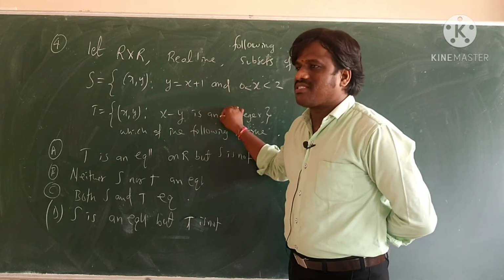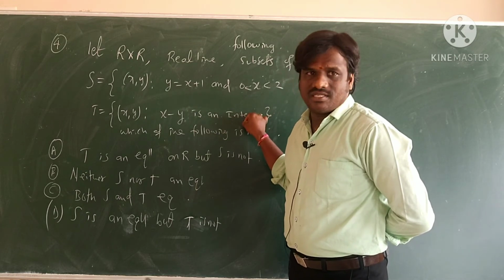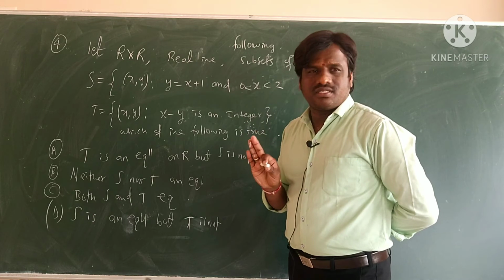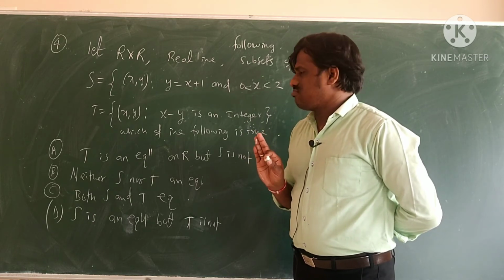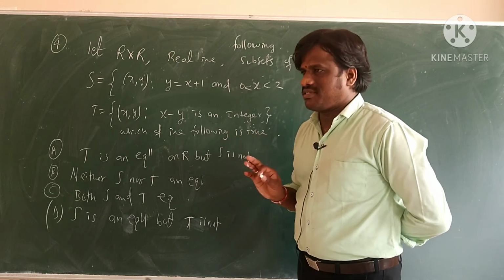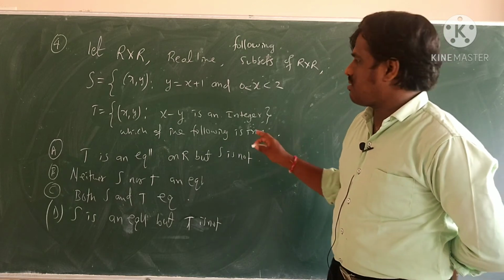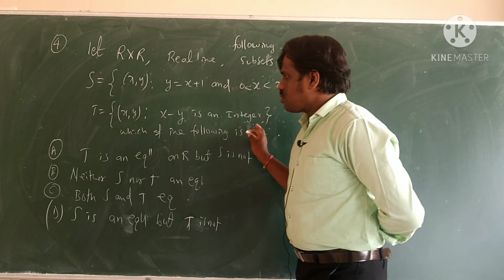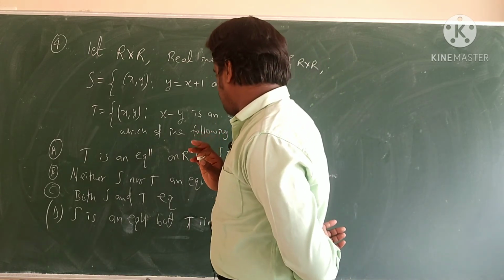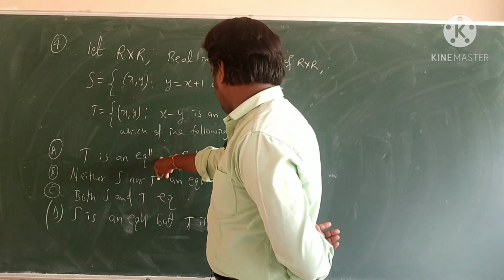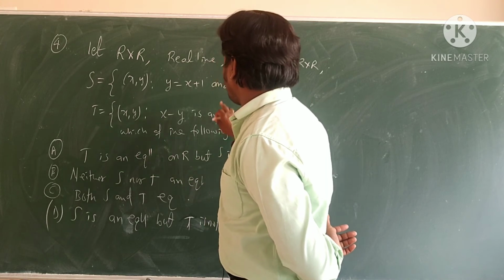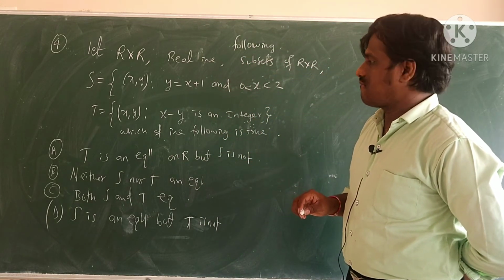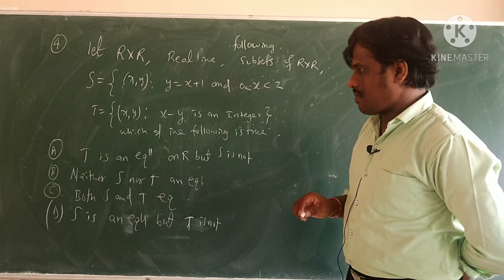So x minus y is an equivalence relation. Subtraction, addition, multiplication होता है, ठीक है, division बोल नहीं सकते, इंटीजर है तो बोल नहीं सकते. तो ये तो इक्विवेलेंस है, so T is equivalence, which is correct, T is equivalence on R but not S, तो चेक करते हैं, इसको चेक करते हैं. A and C is option.